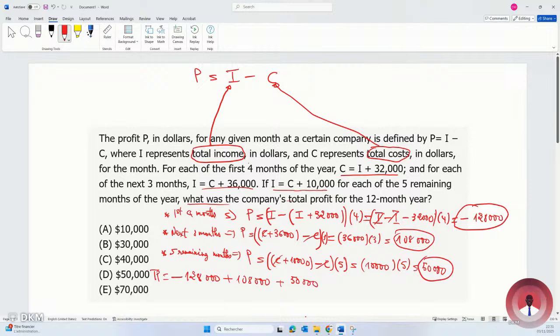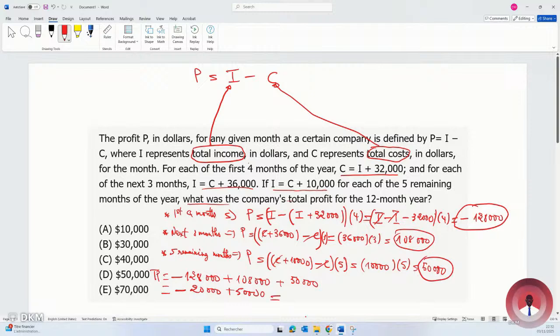So you know here, this is minus, this is plus. We are going to do the operation. This is greater than this, so the result of that operation will be negative, and we can see that it's going to be equal to 20,000. Okay, 128,000 minus 108,000 is equal to 20,000, and then plus 50,000 that we have here.